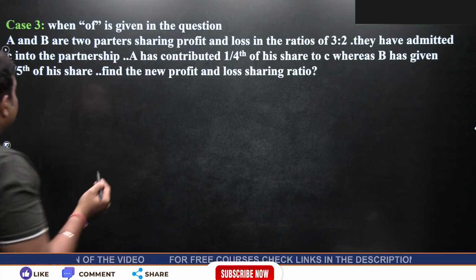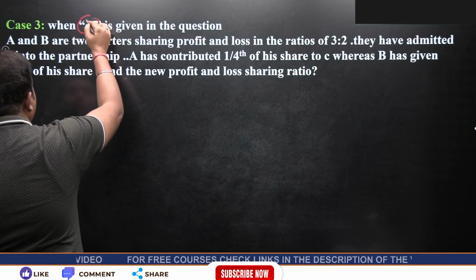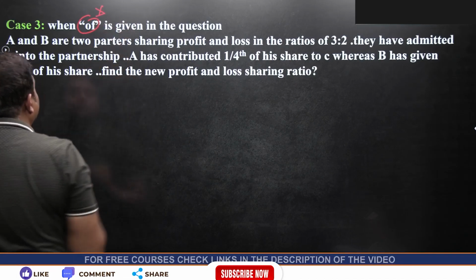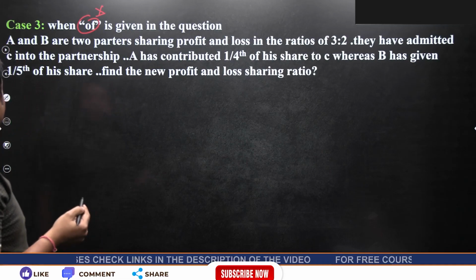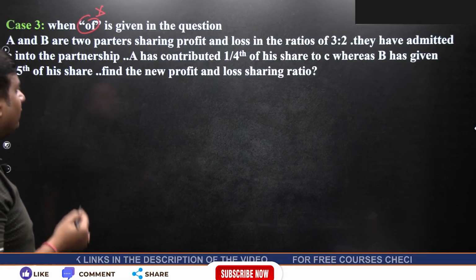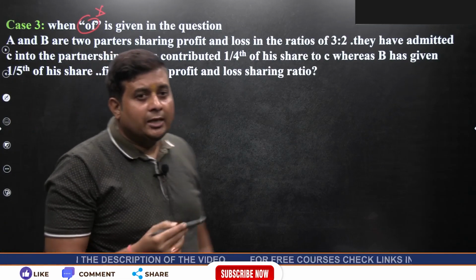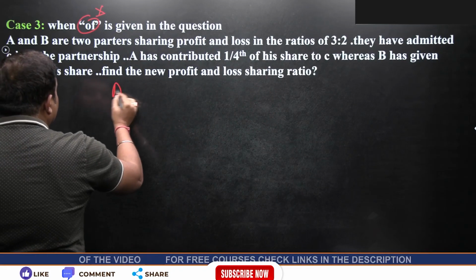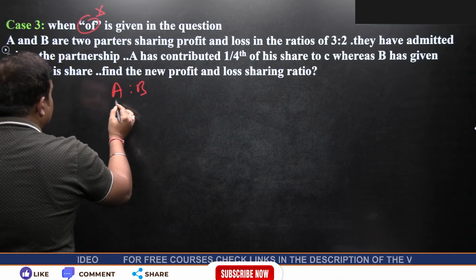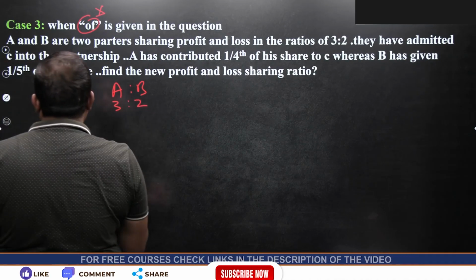Now the third condition is when "of" is given. In problems, "of" means the sign of multiplication. Here I have taken a question where C's share is not defined. The question is: A and B were two partners sharing profit and losses in the ratio of 3:2.